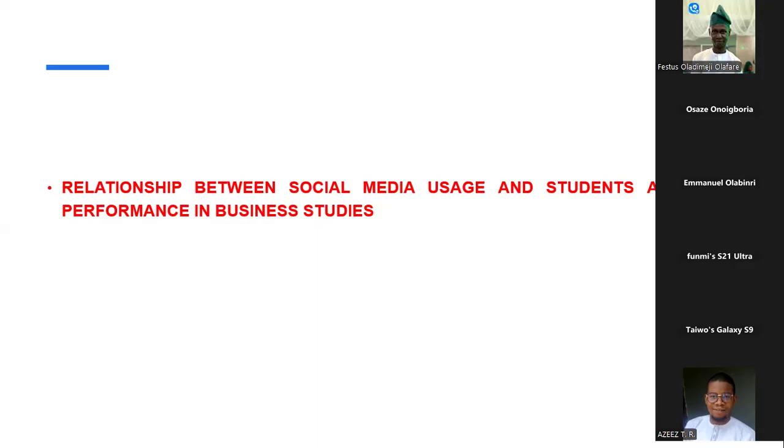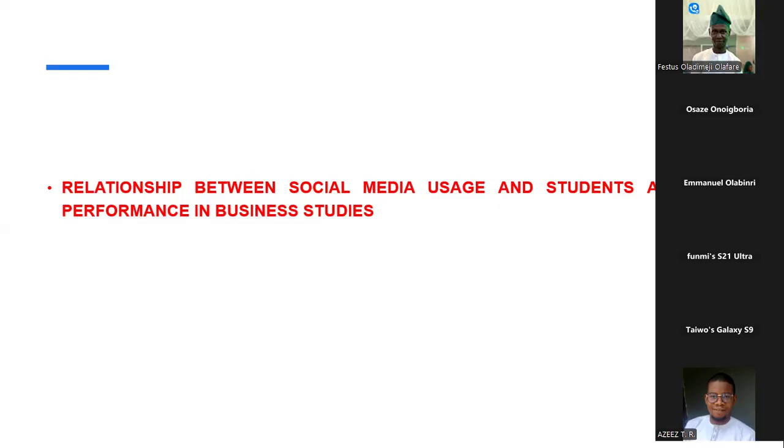So instead of having this social media usage only in our research objective now, we will now be inserting each of the subvariables of the social media usage. We'll be using it to replace social media usage to form 3 new objectives. So the first objective will now be to find the relationship between social media usage duration and student academic performance in business study.